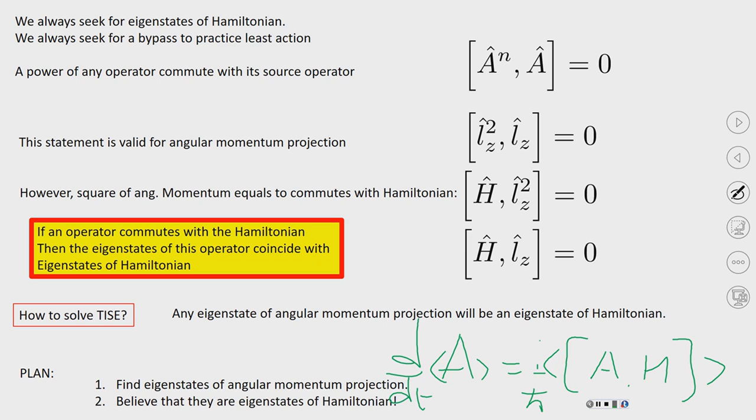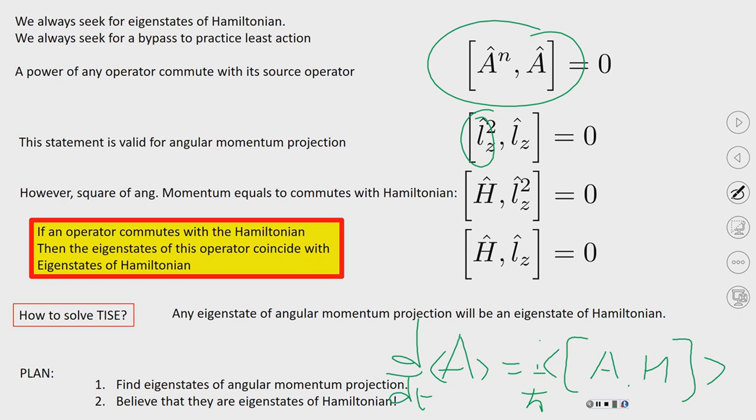So what do you need to know about commutation? An operator commutes with itself, and any power of an operator commutes with the original operator. So our Hamiltonian here is the z projection of angular momentum squared, right? Therefore, it will commute with the operator of this angular momentum projection in the first power.